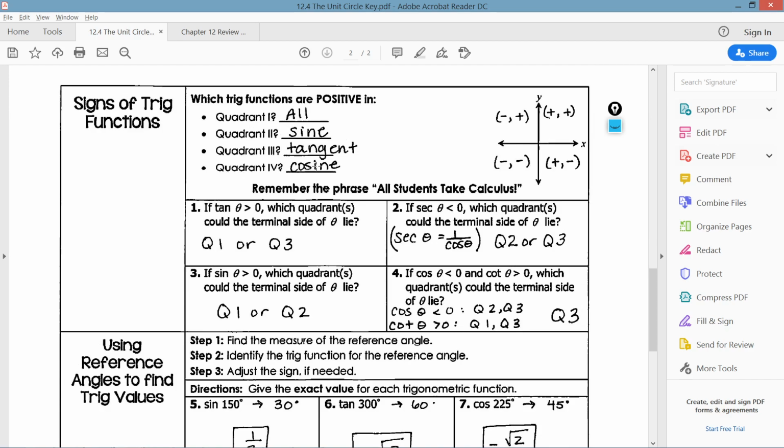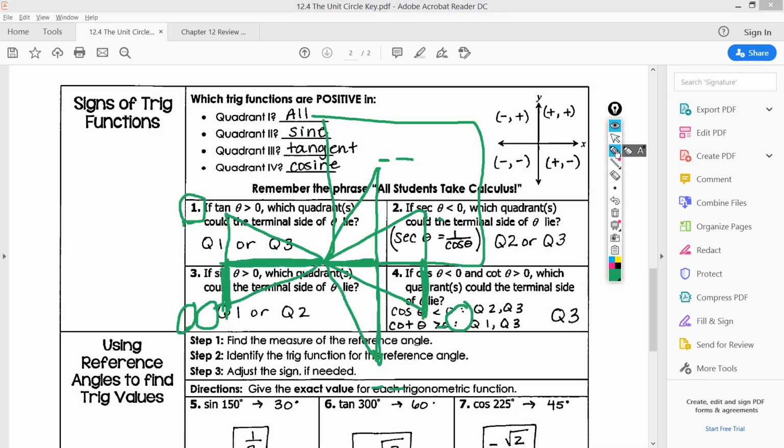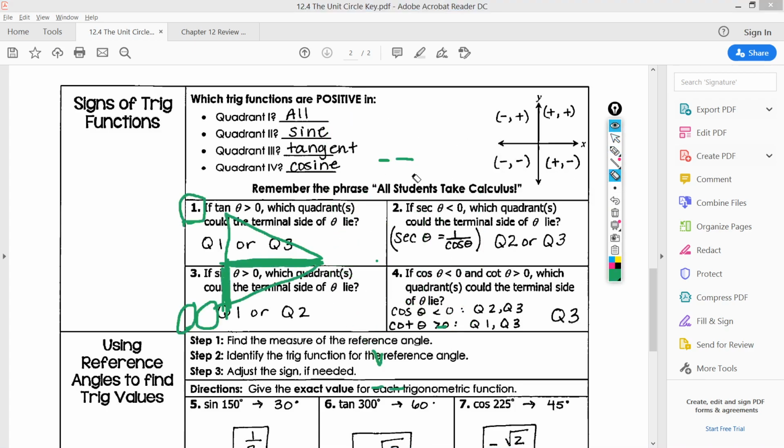This down here is just talking about that, okay? So the idea is this. If you go back to geometry, there are 4 quadrants, right? This is quadrant 1.